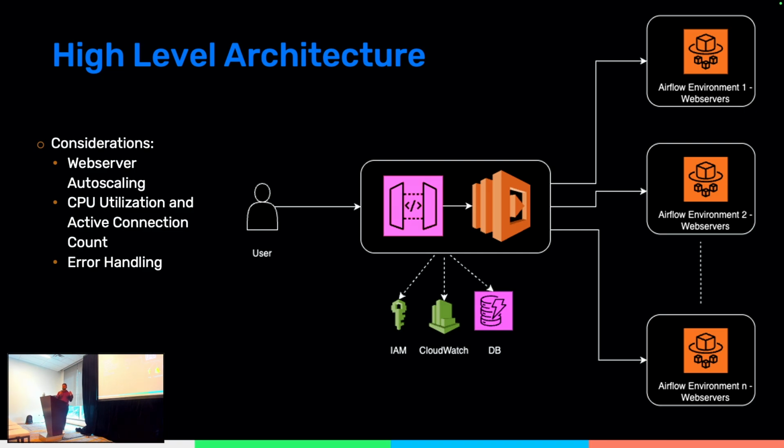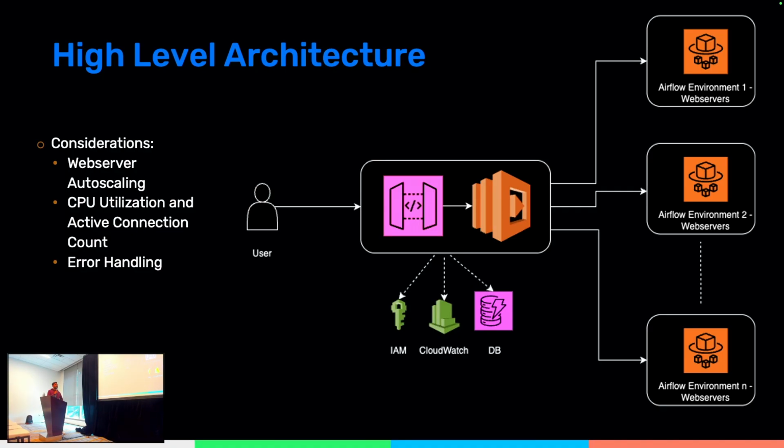So as a requirement for this feature, we also launched a web server auto scaling feature. Users can specify if they want web server auto scaling enabled for their MWAA environments. So now you have a scalable control plane which is handling all the calls, and then the Airflow web server, which is also scalable based on the demand.